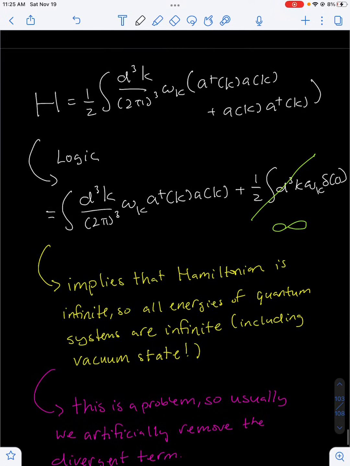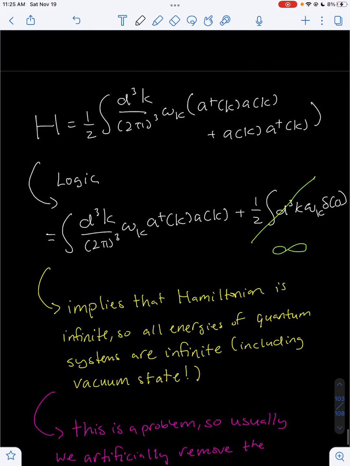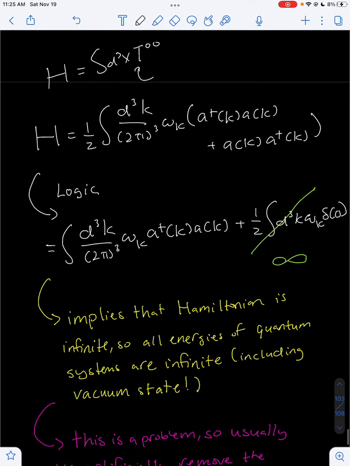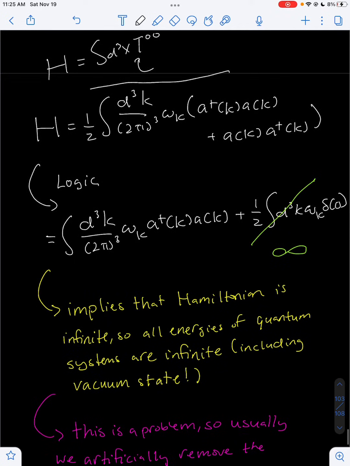So from our video on Noether's theorem, we found an expression for the Hamiltonian, where the Hamiltonian was the integral of the T naught component of the stress energy tensor. And if we were to plug in our fields, we'd find out that this is simply another way to write out the Hamiltonian.